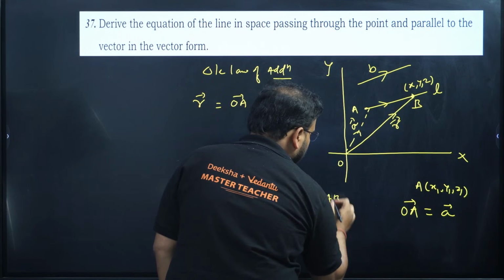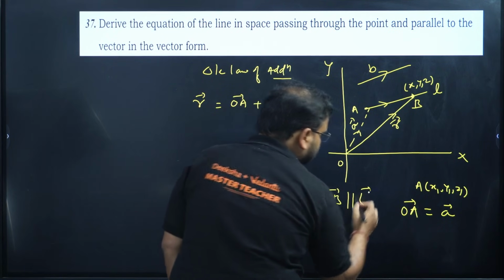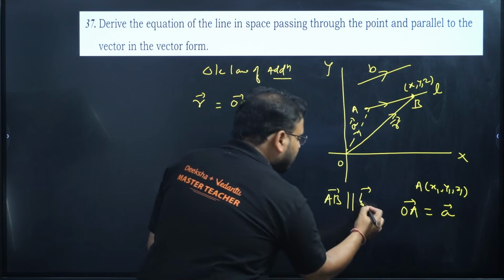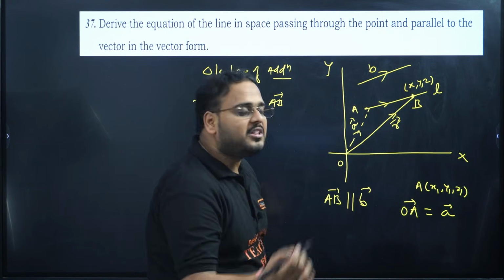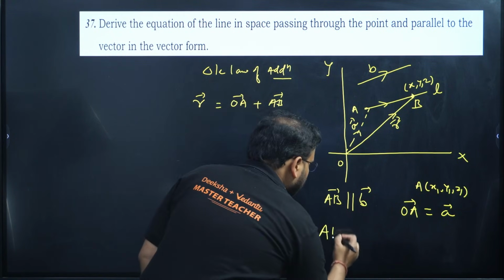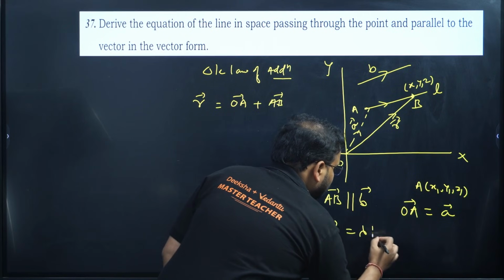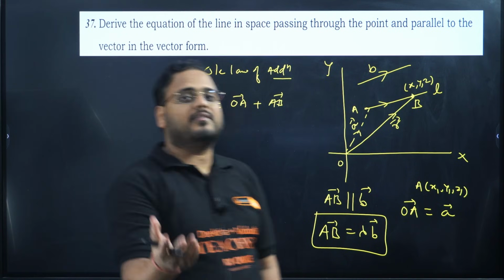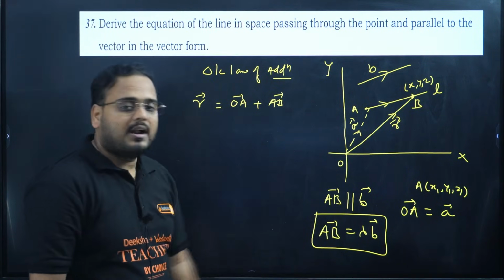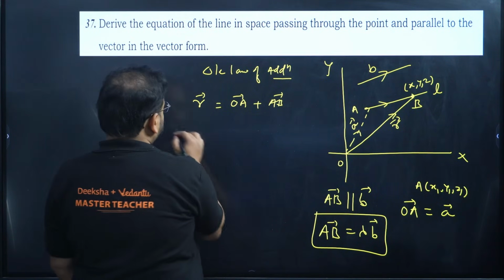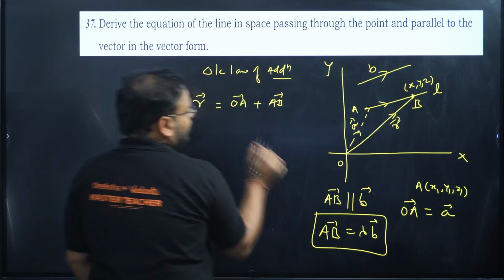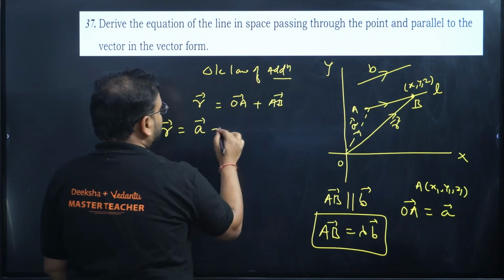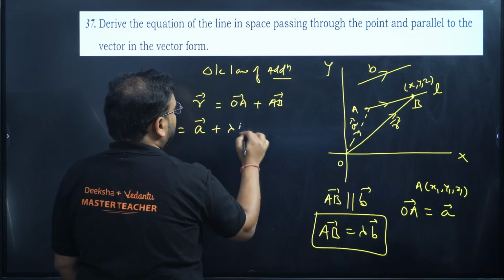Vector AB is parallel to the vector B. So AB and B are collinear vectors. It means that I can write vector AB as lambda times vector B. So AB equals to lambda vector B. Substitute. What is OA? OA is the given vector, the position vector of the point A, A plus. What is AB? Lambda B.